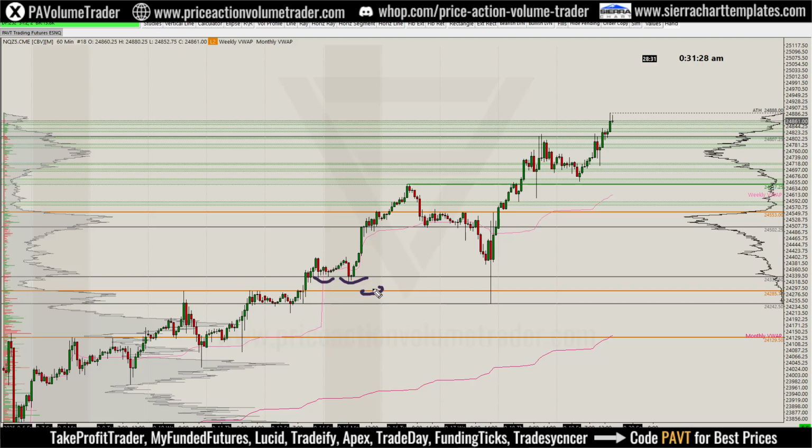Then we also had our daily level, and then also 24,242, which was huge support last Friday. We had FOMC, and the low of FOMC was exactly at the low support here from last Friday.